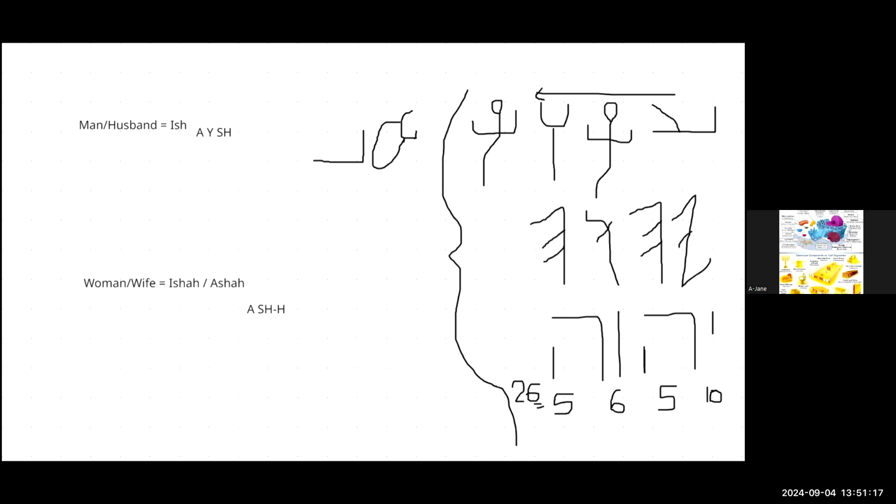And then we have the Sheen. And that is for the Ish, the male, the Ish, the man. And now the woman is Aleph.